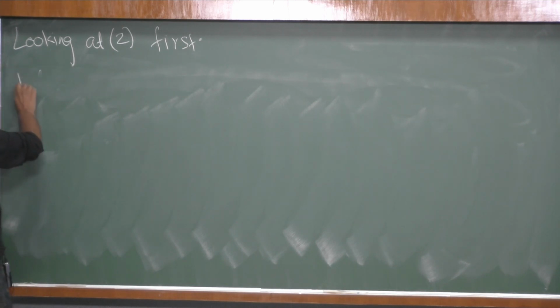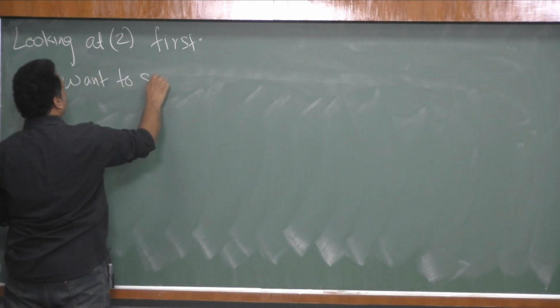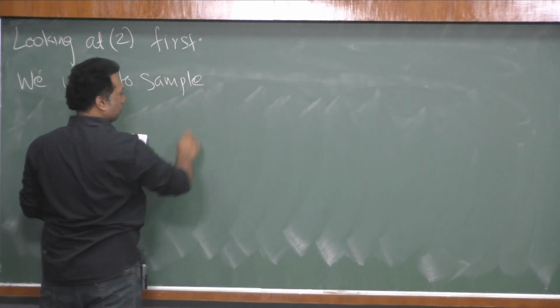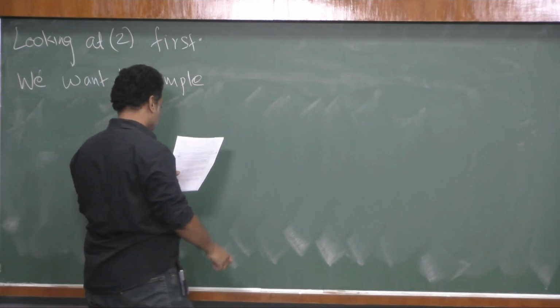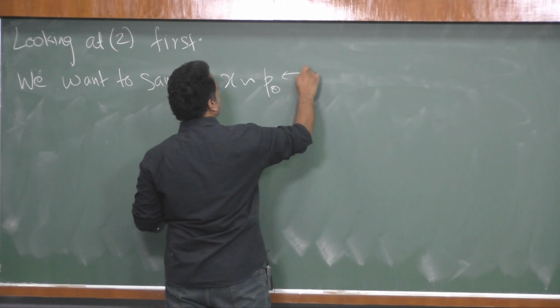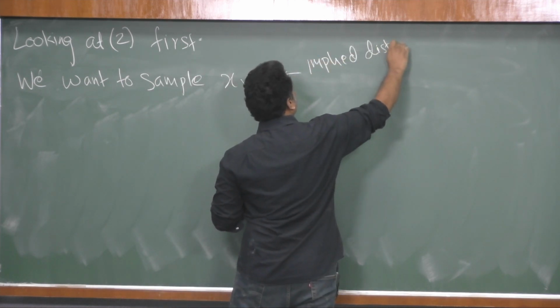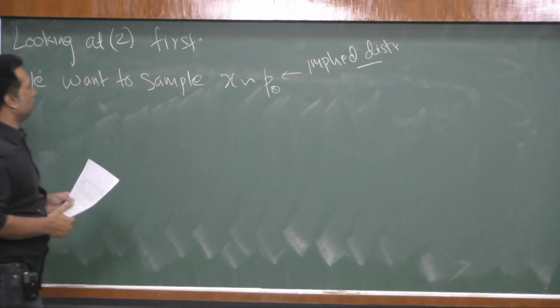So looking at the two, we want to sample, let us say we denote that sample by x, and we are sampling from an implied distribution. We call it implied because the first step is E theta, and then from there P theta is implied.